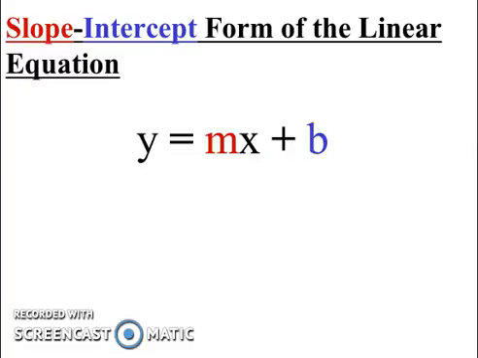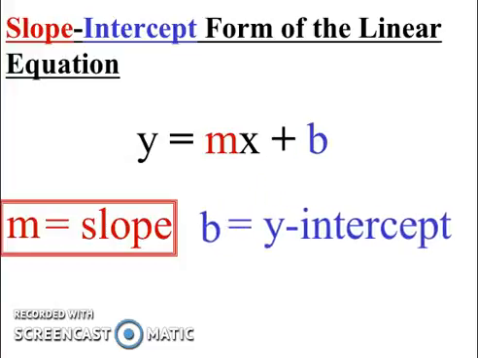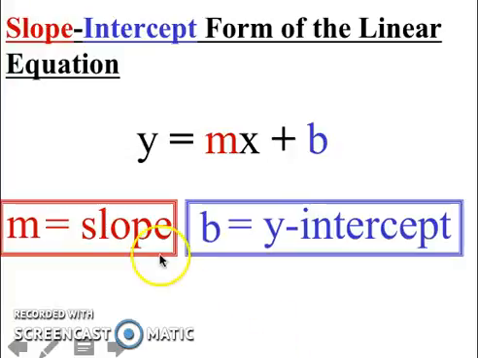So the slope-intercept formula of the linear equation is y equal mx plus b, where m is equal to the slope, and b is our y-intercept. And we have to keep in mind that every equation given has to be in this form, where the y is on one side of the equation by itself, and we have mx plus b.